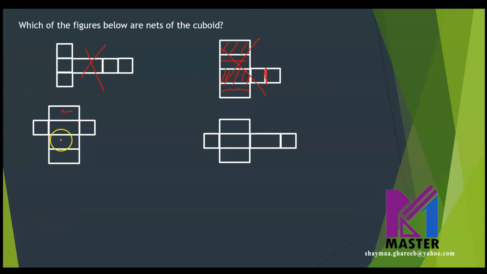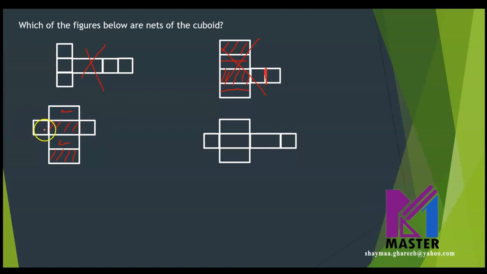This one is opposite to this one, and this face is the same size also and opposite to this one. We have four faces here that are exactly the same size. Now look at the two sides. You have a square and another square.